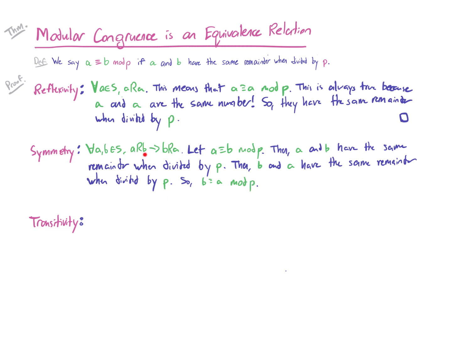We wanted to get from A related to B, that was A congruent to B mod P, and we got to B is related to A, B is congruent to A mod P. So this step is also done.